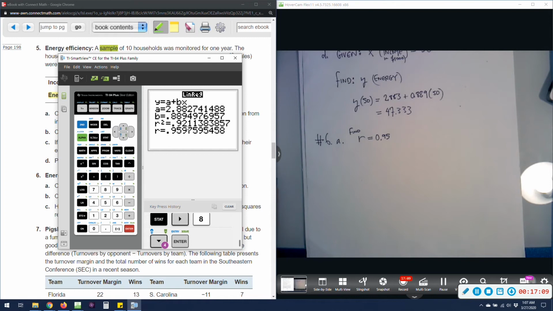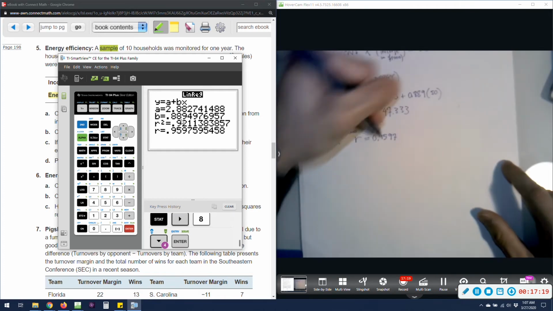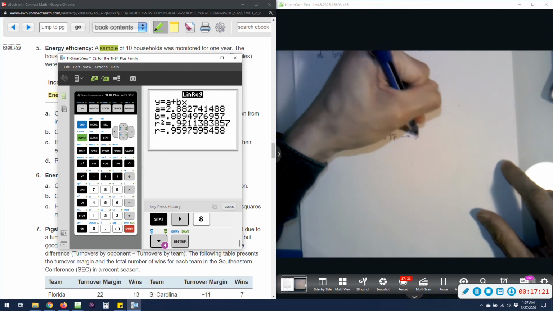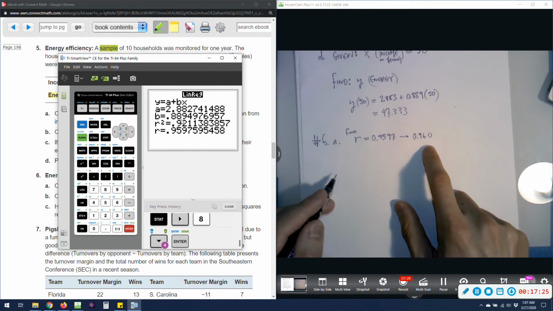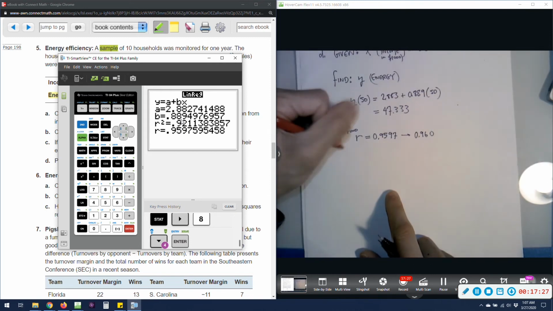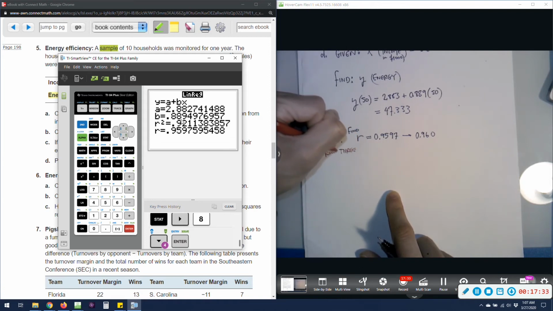But 9 going up means it goes to 10, so the 5 has to go up to a 6. So this is 0.9597, and it actually goes up to 0.960 if we round to 3 places. Again, follow the directions; this is round to 3 places.